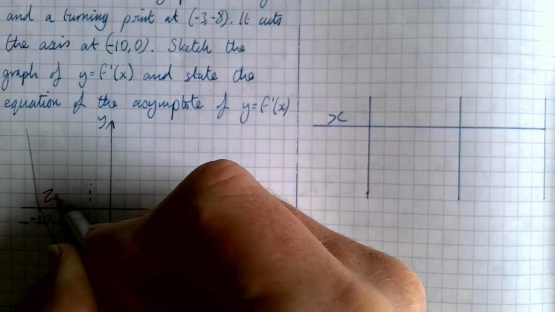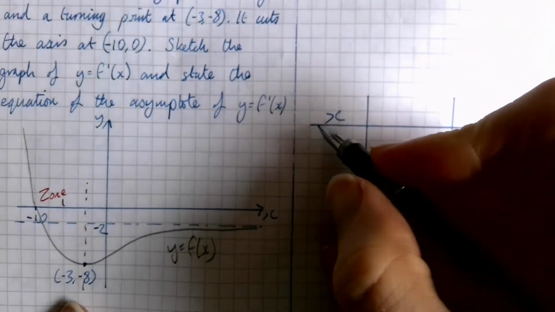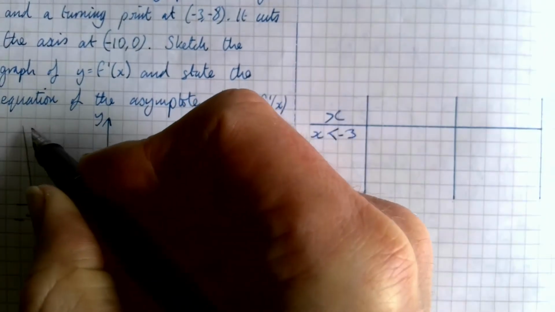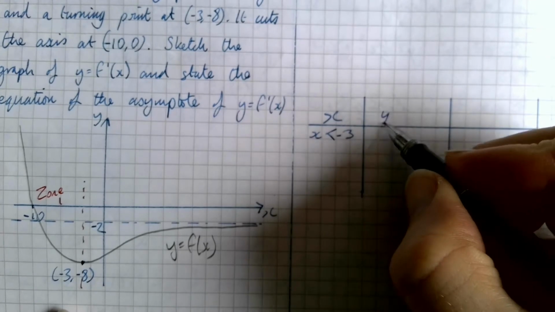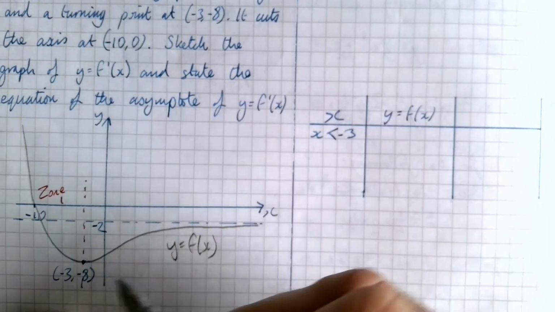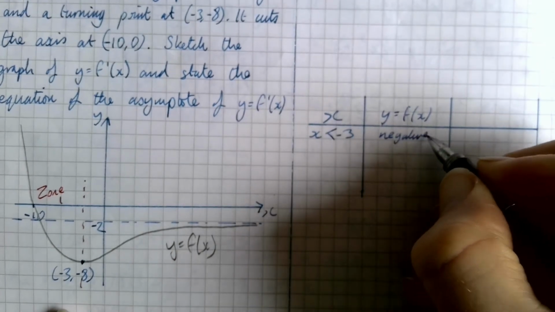So if I look at my zone 1, which is when x is smaller than -3, it's always negative, isn't it? So what are we putting here? We're putting y as a function of x, so the curve we're talking about, the gradient is negative.